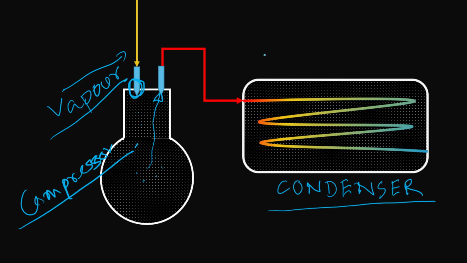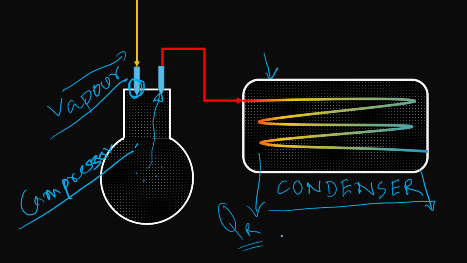Definitely in the condenser, the cooling arrangement will be there. It may be air cooled or water cooled also. What will happen if we cool the superheated vapor? It will reject the heat. This is basically the heat rejection system.